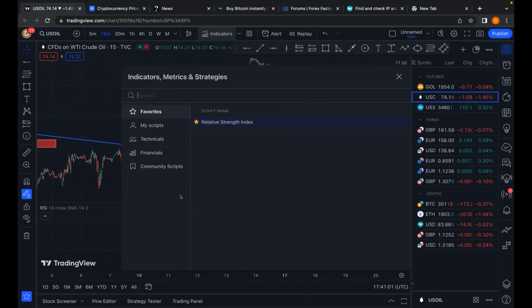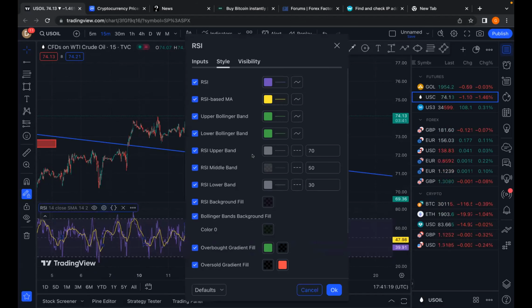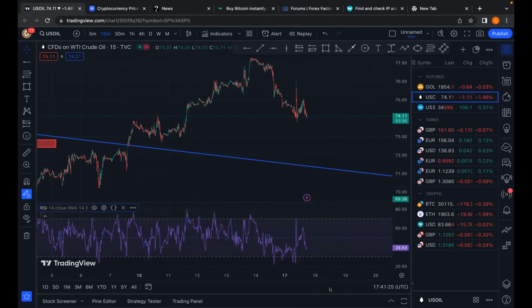Yeah, it's come. Then go into settings. Take the yellow out. Go on the indicator, click settings, and then you see the yellow RSI. Take it off. Yeah, that's all.